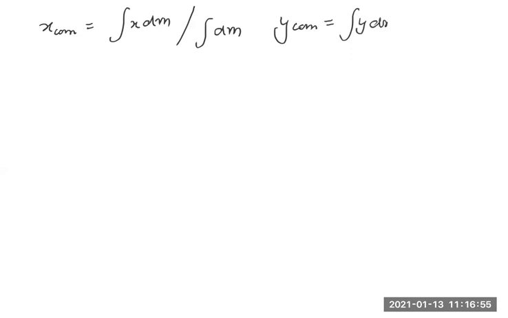So in the last class, we were talking about center of mass, and I told you that to deal with continuous objects, we have to use x cm is equal to integral of x dm divided by integral dm, and y cm is equal to integral y dm divided by integral dm, right?